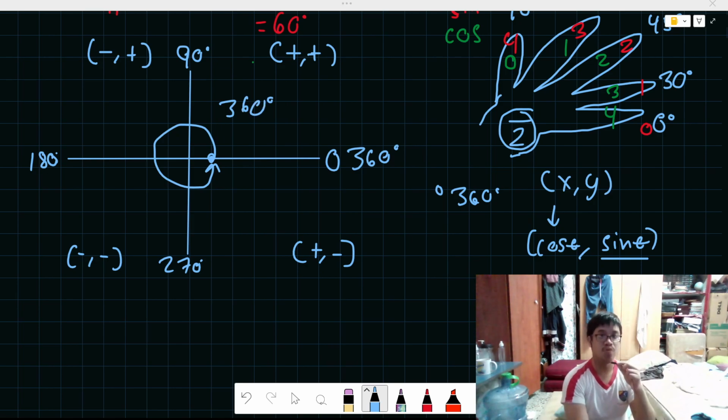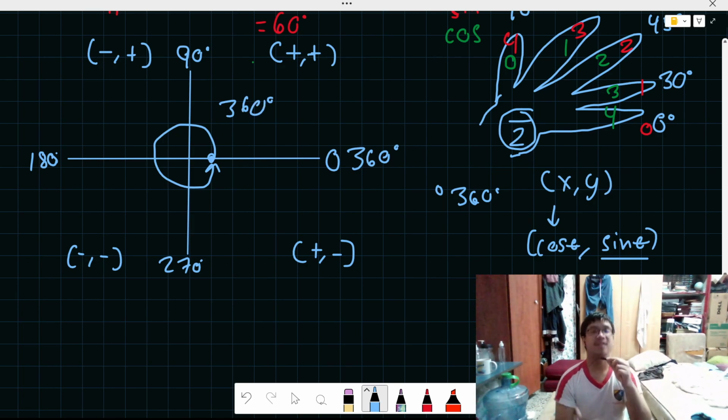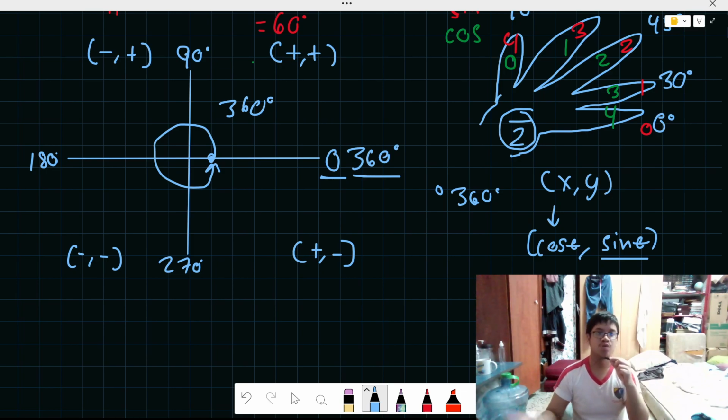That's one whole revolution, meaning that 360 degrees is just the same as 0 degrees. Basically, cosine of 0 degrees is just the same as cosine of 360 degrees. So, what is cosine of 0 degrees?